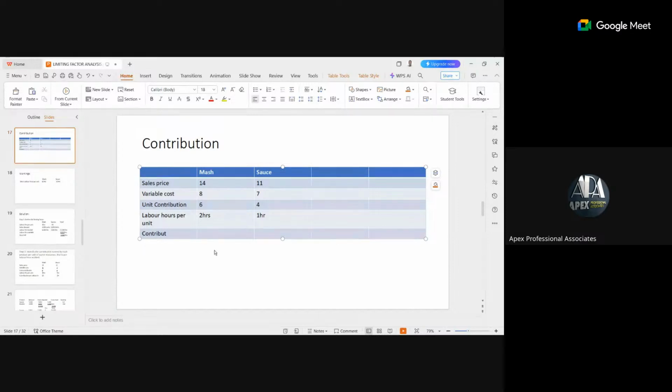All right, to continue, it's contribution per labor hour that we're trying to determine now. Contribution per labor hour.